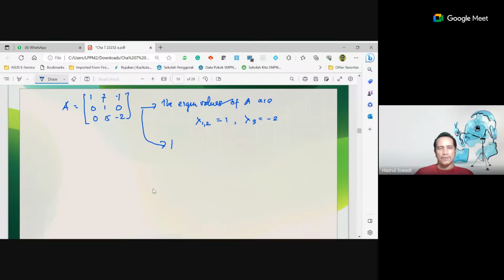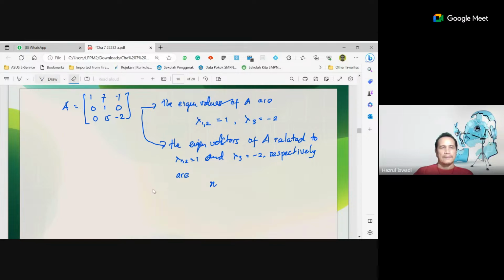And from this matrix, the eigenvectors of A related to lambda 1, 2 and lambda 3 equal to minus 2 respectively are x lambda 1, 2 equal to 1, 0, 0, and x lambda 3 equal to 1 over 3, 0, 1.